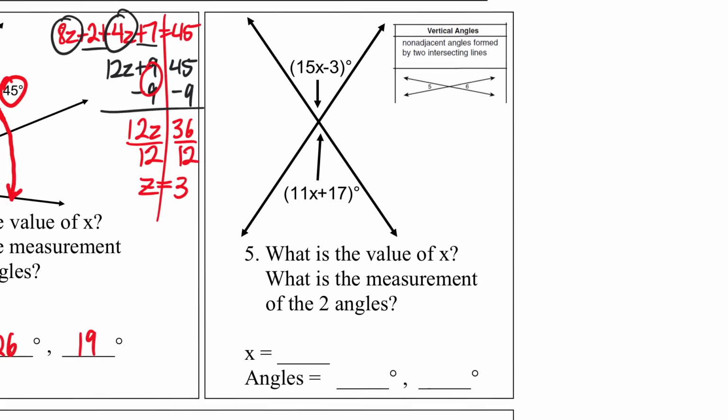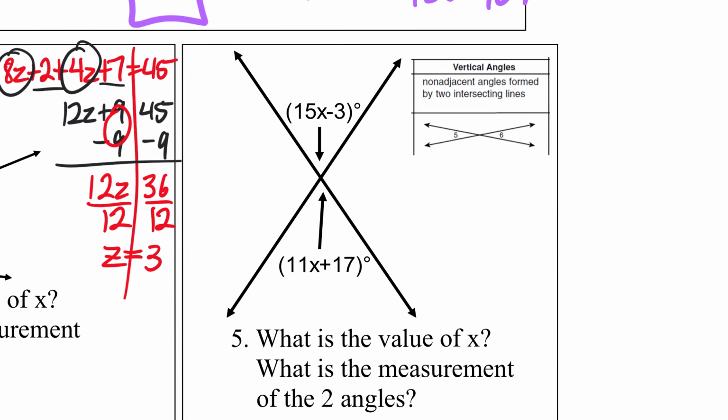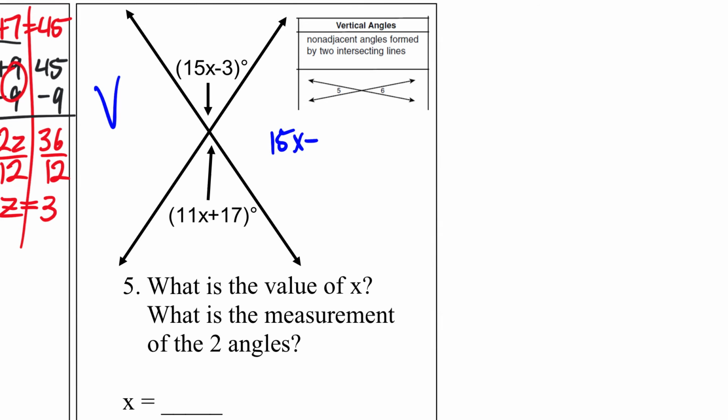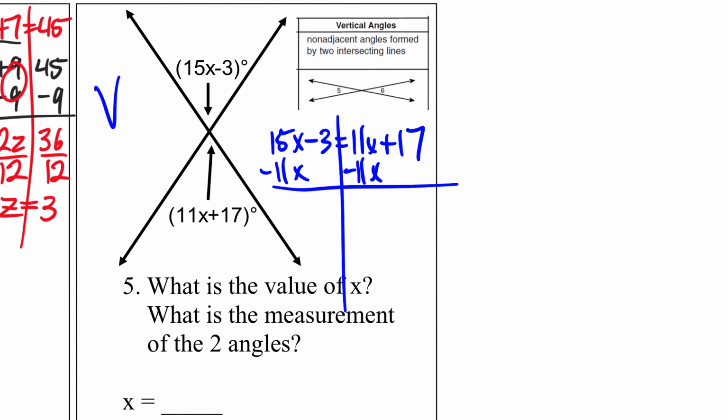All right, what type of angles are these? The vertical, so what do I know about those? They're congruent to each other, so 15x minus 3 equals 11x plus 17. Subtract 11x from both sides. That zeroes out. We get 4x minus 3 equals 17. Add 3. 4x equals 20.